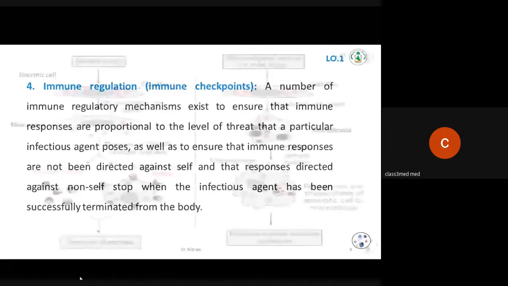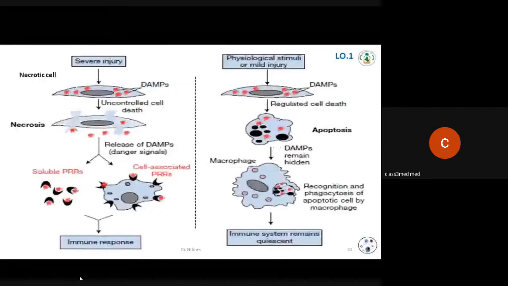Now here in this diagram, there is a difference between apoptosis and necrosis. For example, in an apoptotic cell, as you see here, the physiological stimuli cause mild injury, and the cell is programmed to death. I mean, apoptosis is programmed cell death.